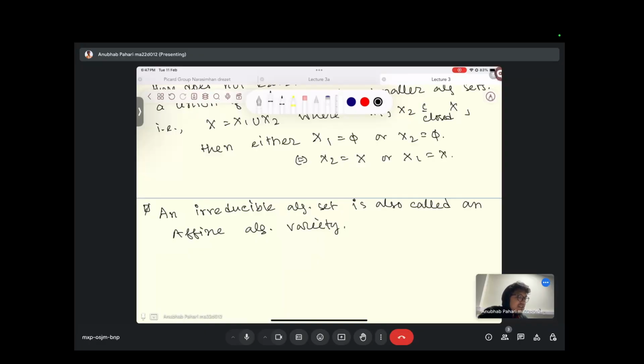But in the affine case all these things are there, because there is a one-to-one correspondence between affine varieties and finite type K-algebras, since any affine variety is contained in an affine space, and so the corresponding rings should be finite type K-algebras.